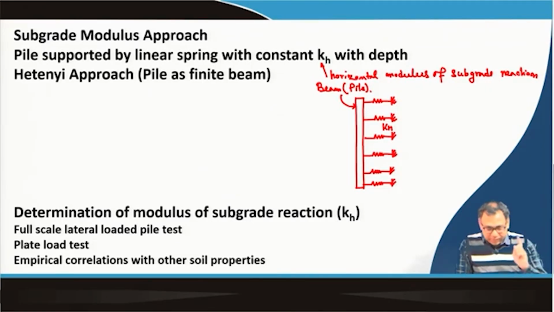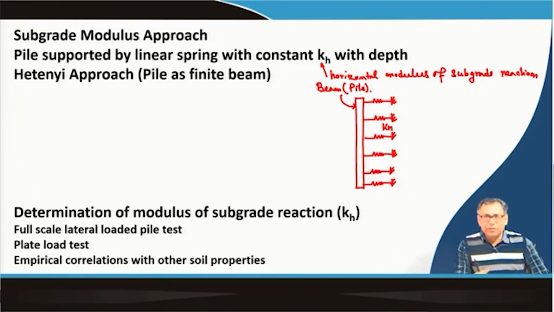In this approach, first we will assume the pile as a finite beam. As I have already discussed, there can be a short pile and there can be a long pile. For the short pile you have to go for the finite beam, but for the long pile we can go for the semi infinite beam.